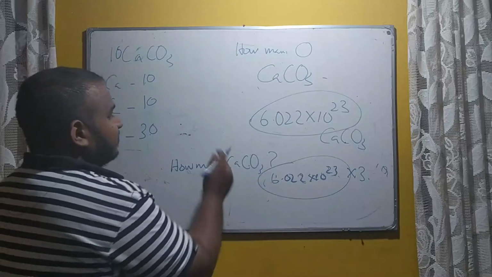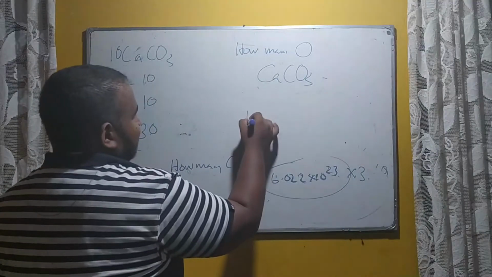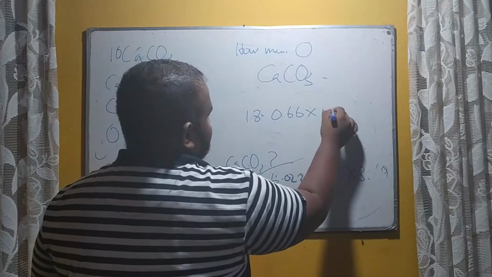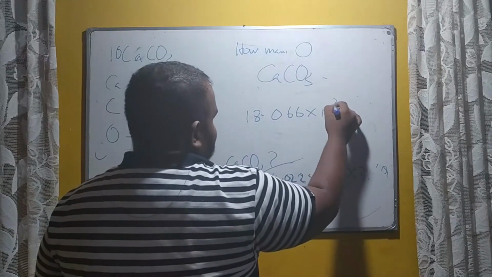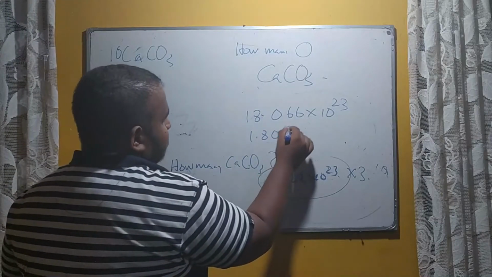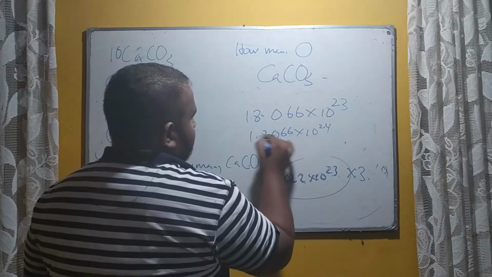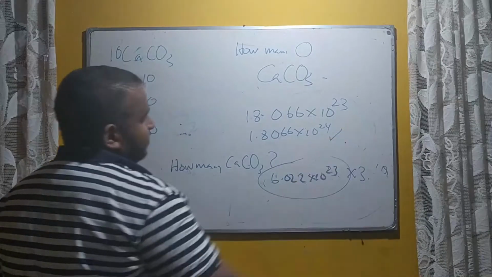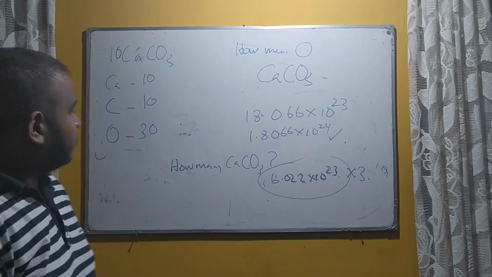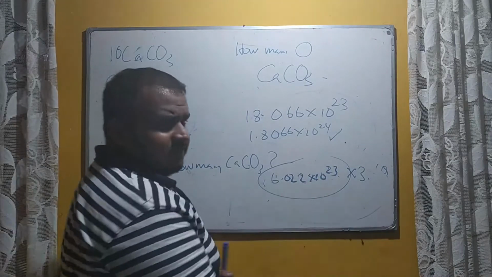So what will the answer be? 18.066 into 10 to the power of 23. So it will be 1.8066 into 10 to the power of 24. If you are good in maths, you will answer this. Okay, so this is a type of question.